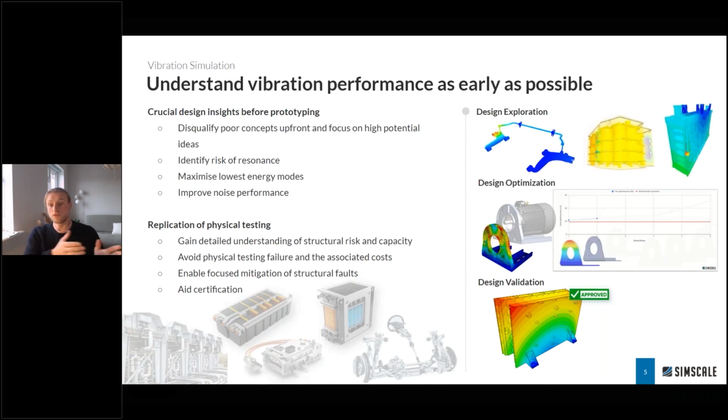Okay, so we move those very dangerous modes outside of operating ranges, like you can see over here on the right hand side with my electric motor bracket, that I've done some parametric optimization here, changing the design to stiffen the part to move the first eigenmode away from the electric motor operating frequency.